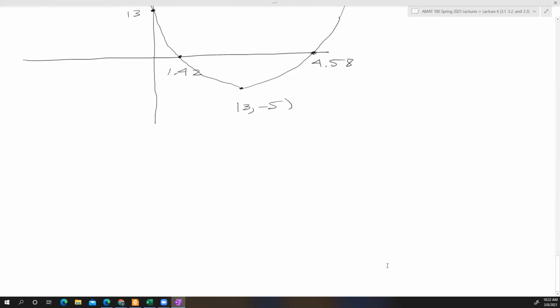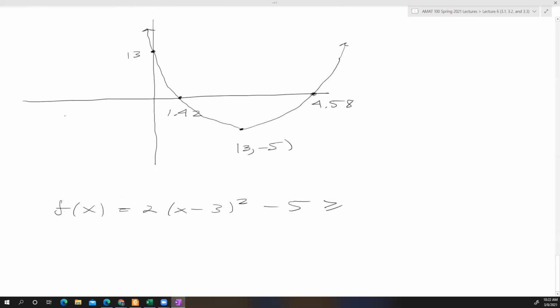And finally, we want to know the range. So the function, if you recall, the function in standard form is this. So you can see from the graph, if you project the graph onto the y-axis, this point, project the vertex, you'll get here.